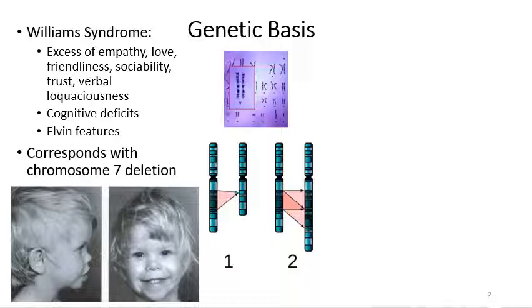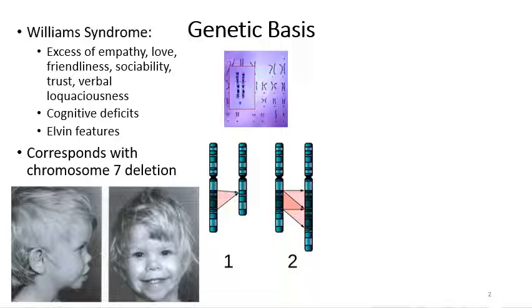We do also have cognitive deficits, meaning perhaps intellectual disability. We do have differences in physical appearance. You can see the elven features in the face, this tilted nose, the big lips, the wide mouth, and certain characteristics like that as well. And that's a deletion at chromosome 7.